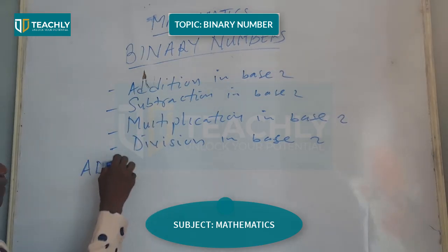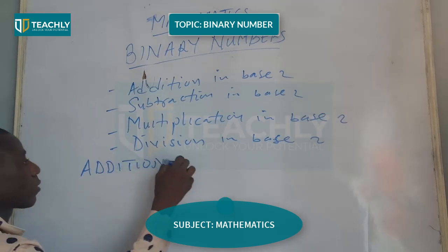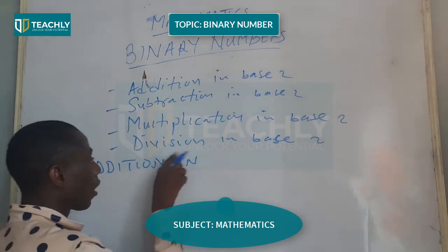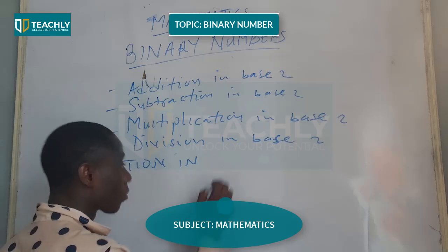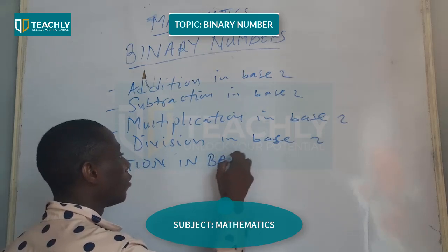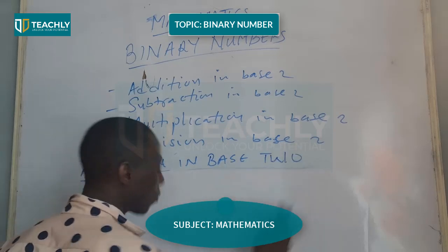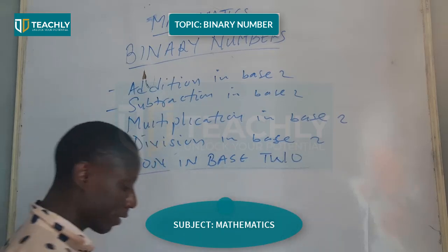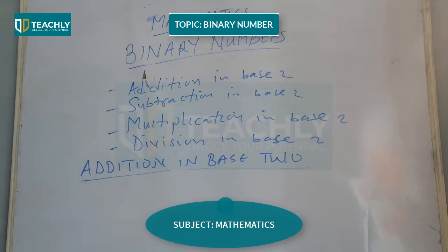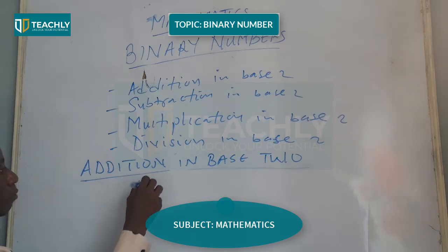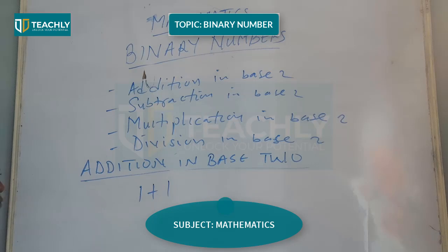Addition in base 2. To add a number in base 2, before we look at the sample, let's say you have to add 1 plus 1 in base 2.